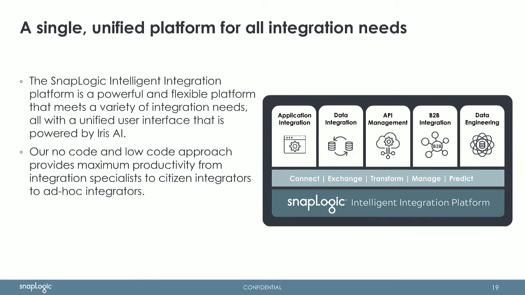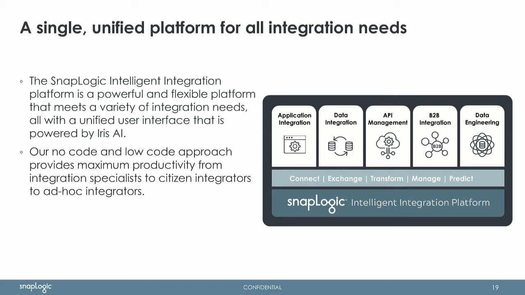So those might be people from your LOB teams or business analysts who might not know how to code, and even they can easily build pipelines and easily build integrations on our platform without writing a single line of code.